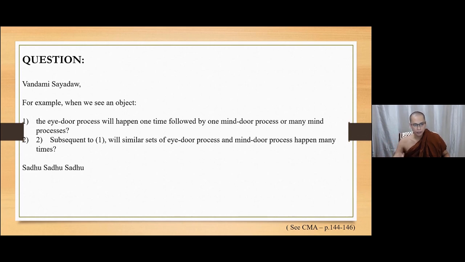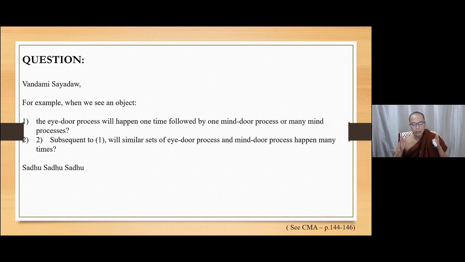So when we see, not only one eye door process but many eye door processes arise, followed by the mind door process. At the beginning, the eye door process arises, just the eye door process, and we just see. We cannot identify something.